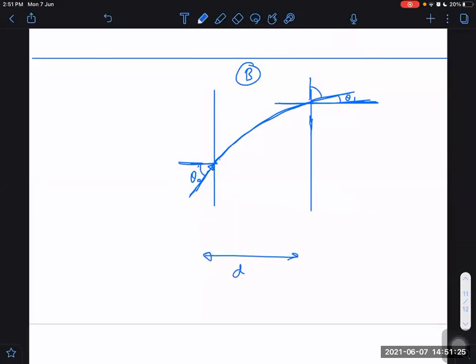Radius of curvature, let me take. Radius will always be perpendicular to the velocity, something like this. So where is the center in this particular diagram?